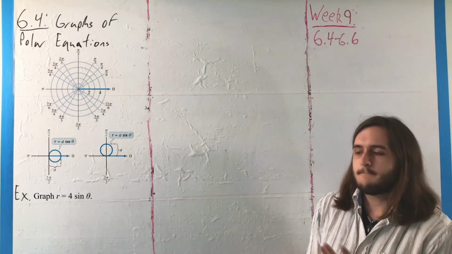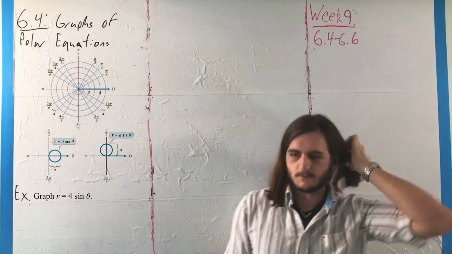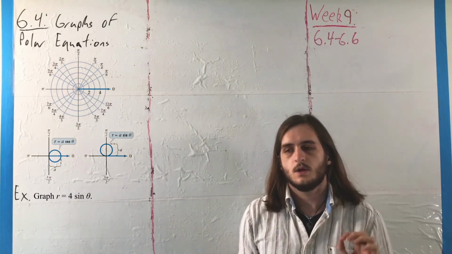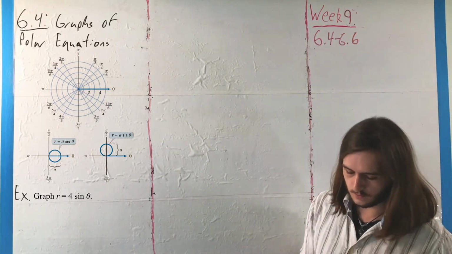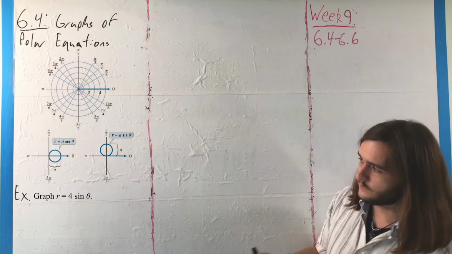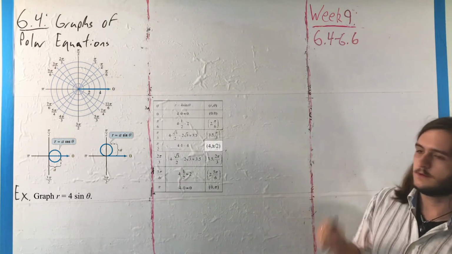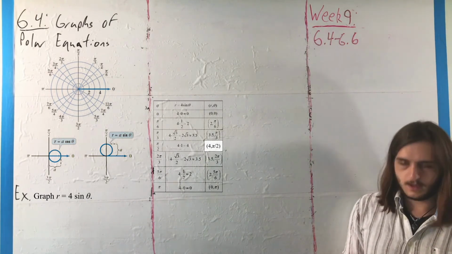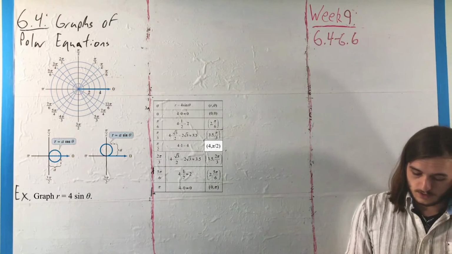Most of the basic values that we have happen to be at pi's over 6. There's some stuff at pi's over 4, but we're going to stick to those ones because they make nice, consistent gaps that we can work with. So, we're going to go through point by point until we make a full revolution, knowing that we're going to end up with a circle here.